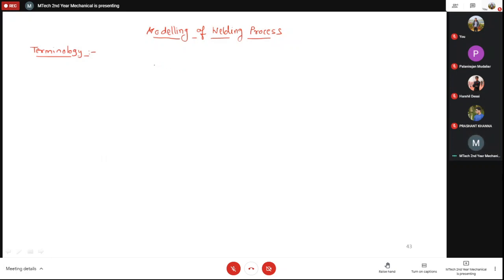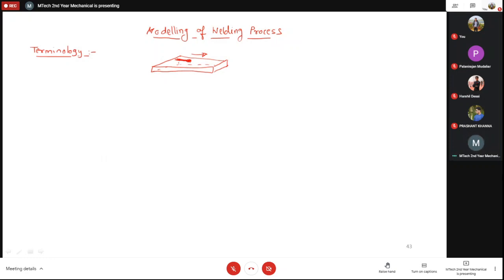Let's say this is the view, this is the weld pool and this is the weld metal, and we are doing welding in this direction.